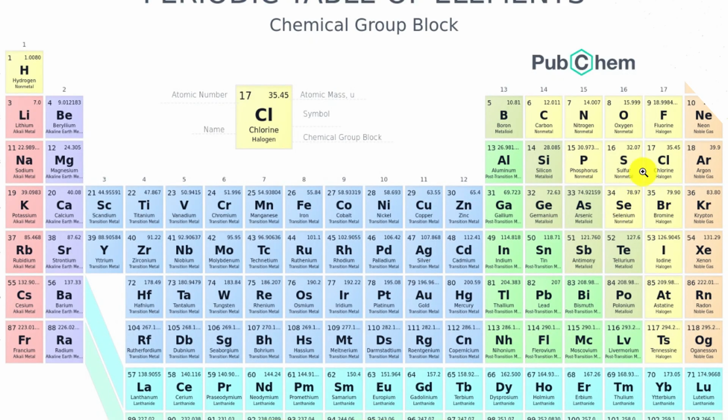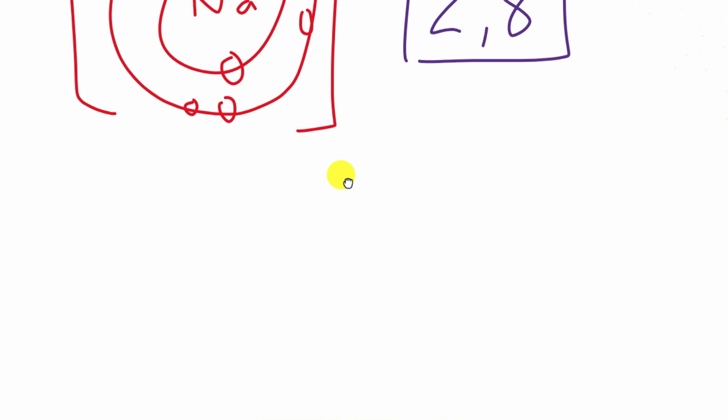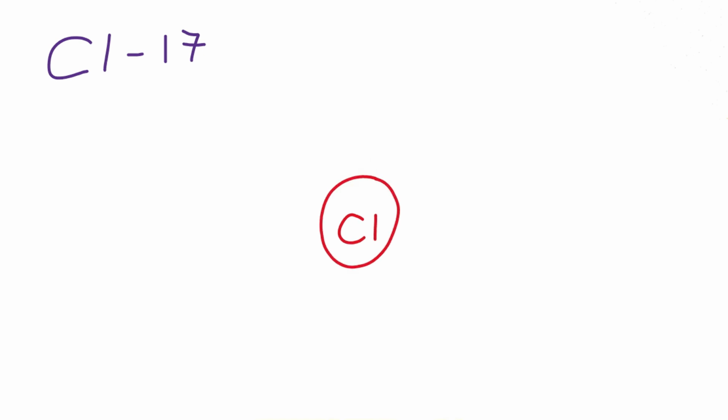So, chlorine in the periodic table has 17 atomic number. So, I will write it down over here. Chlorine 17. Let's put them into the shells. So the first shell will have 2 electrons.